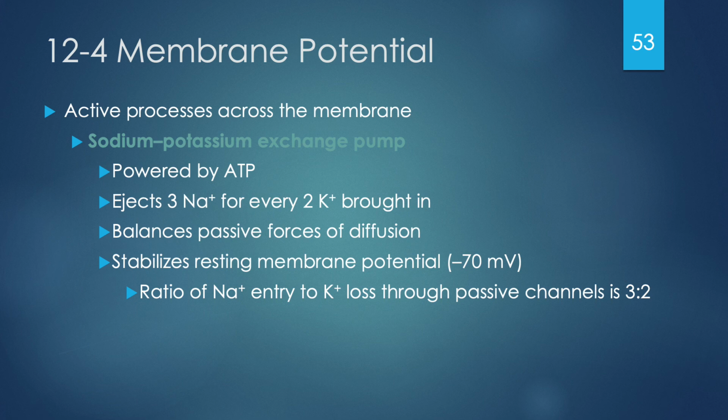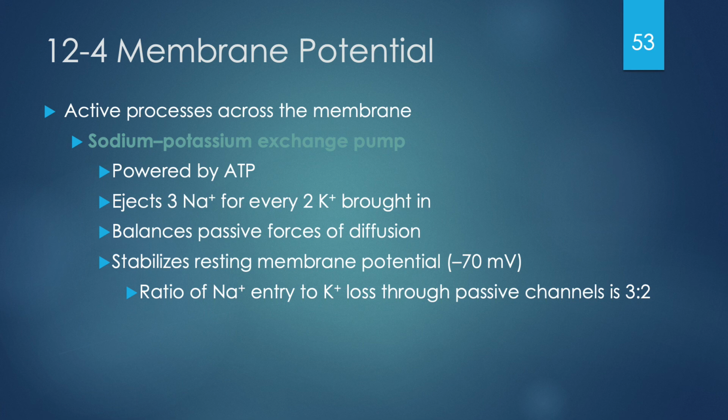We previously discussed the passive processes across the plasma membrane of a neuron, but there are also active processes at play, and the sodium-potassium exchange pump is probably the most important one. As we know, active processes are all powered by ATP produced by the mitochondria, and for every 3 sodium ions that are ejected, 2 potassium ions are brought in.